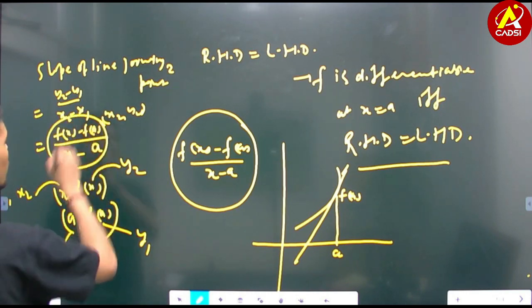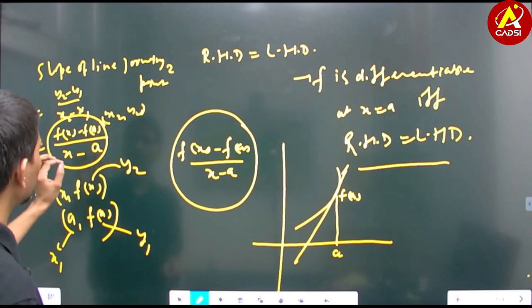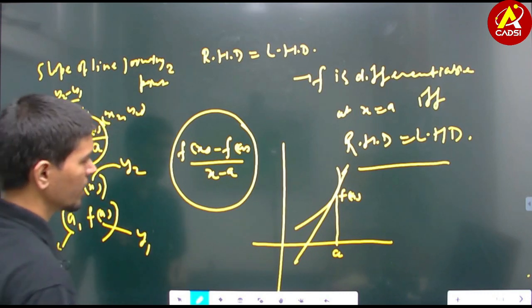So this is nothing but the slope of the line joining these two points.